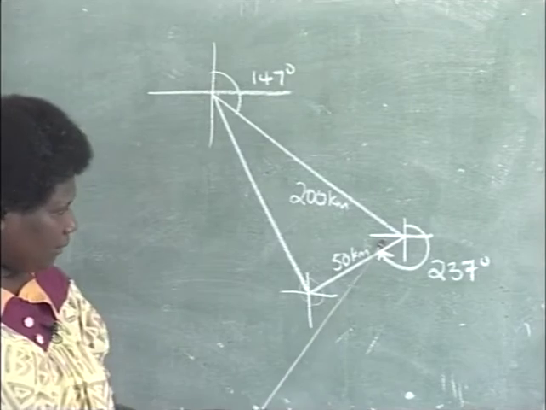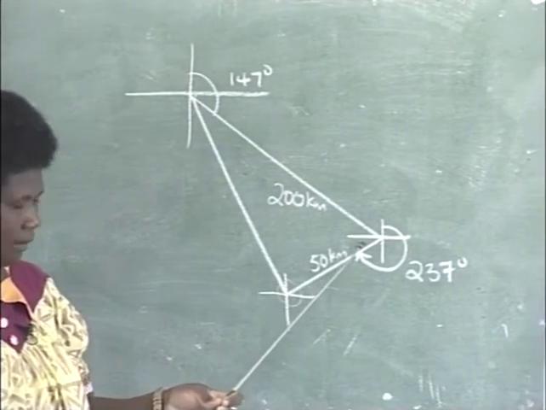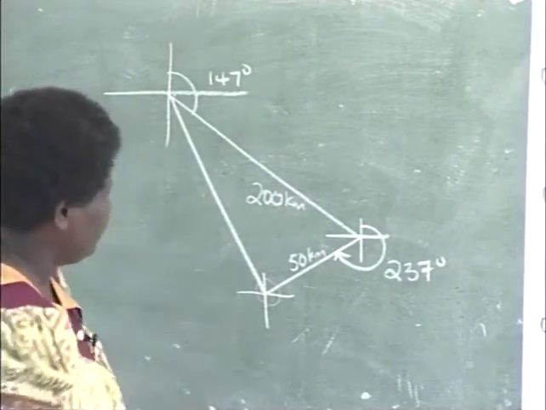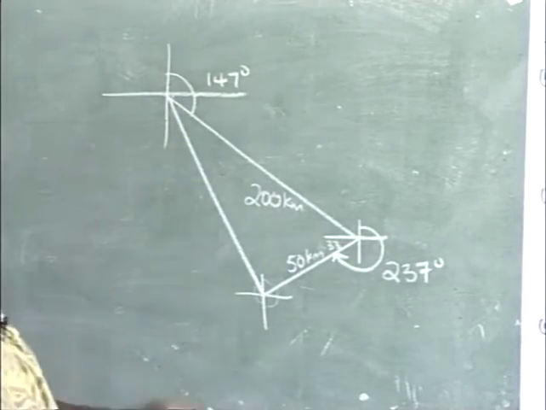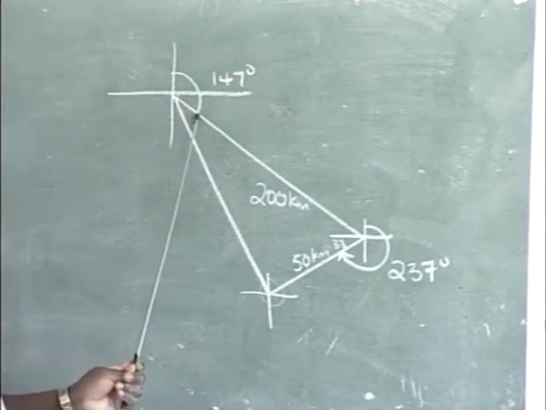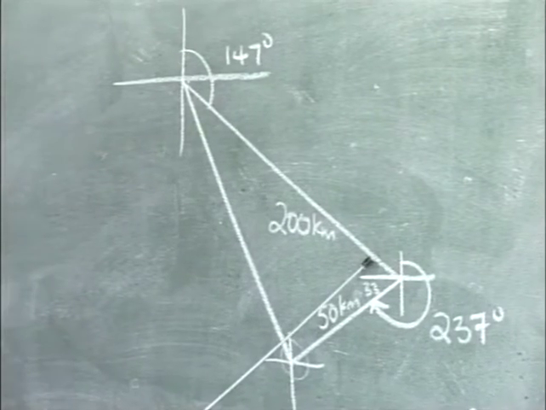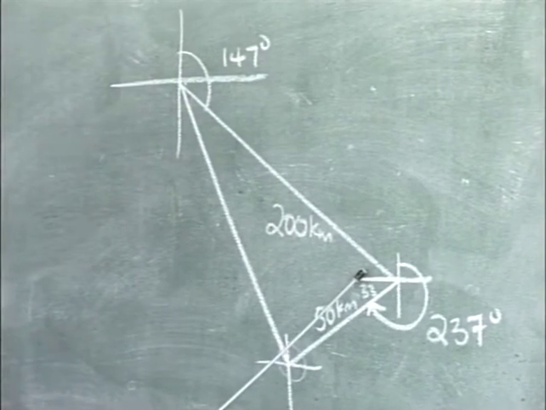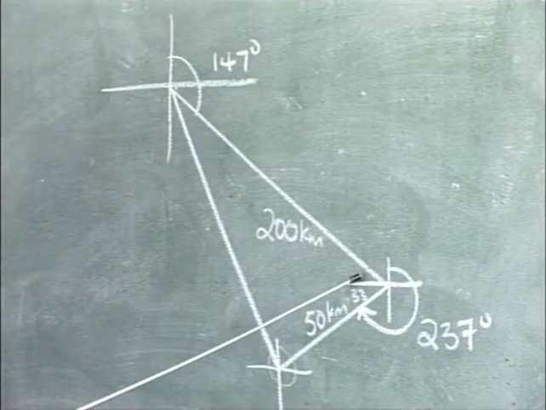No, just this angle. I want this angle here, just this one. 33 degrees. Okay, this angle is 33 degrees. If from here to here is 147 degrees, what is this one? What is this angle here?